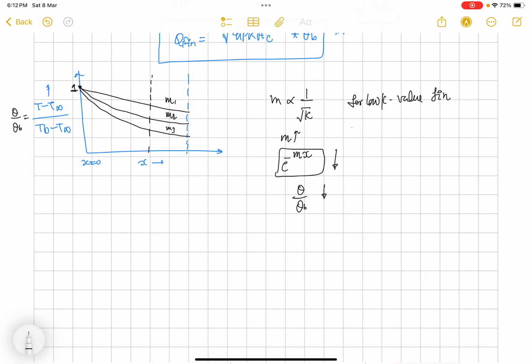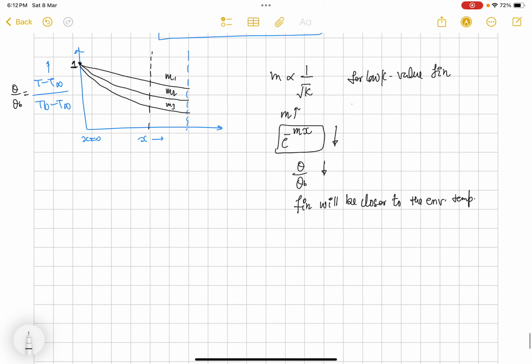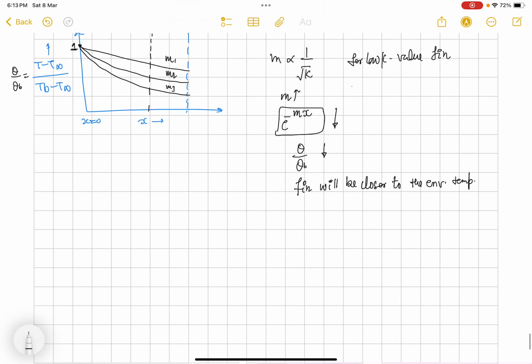It means the fin will be closer to the environment temperature, and it means that the fin is not enhancing the heat transfer that much. Okay, this can apply like that.